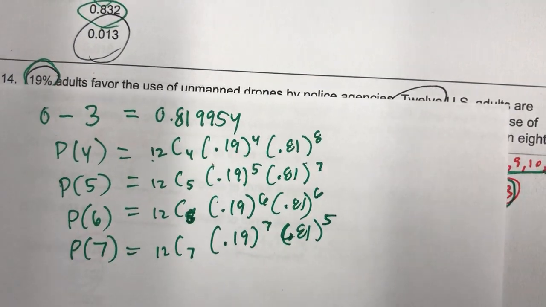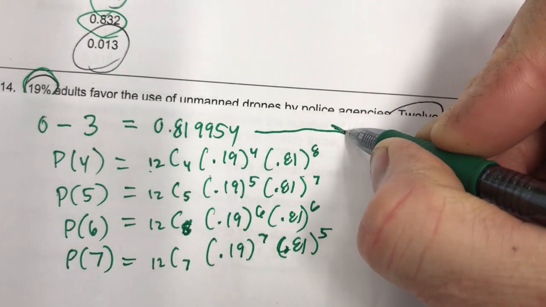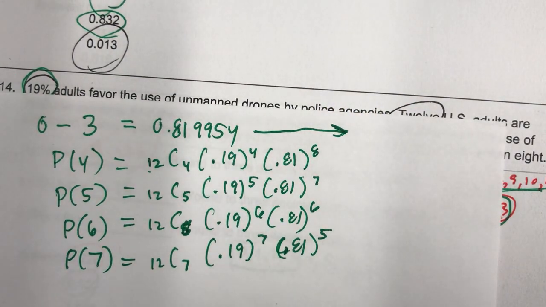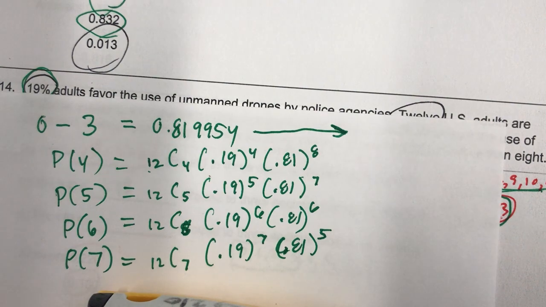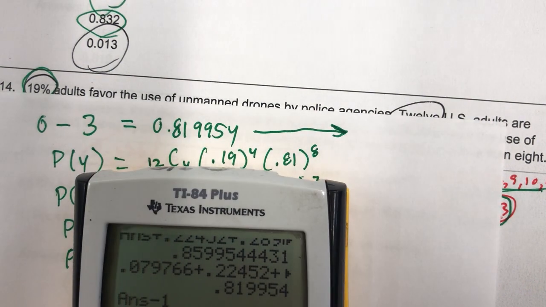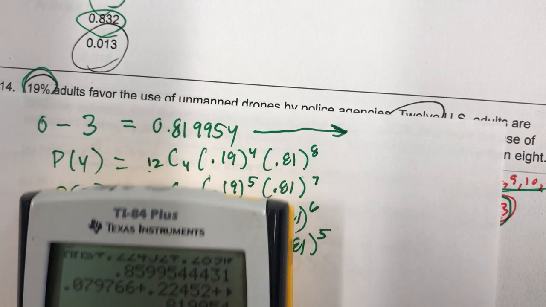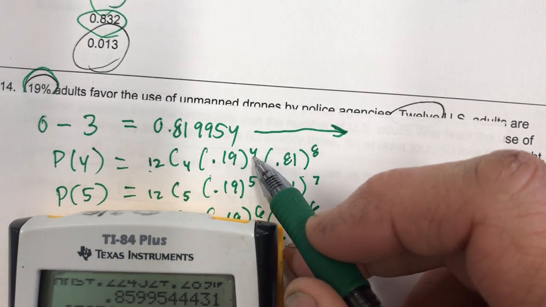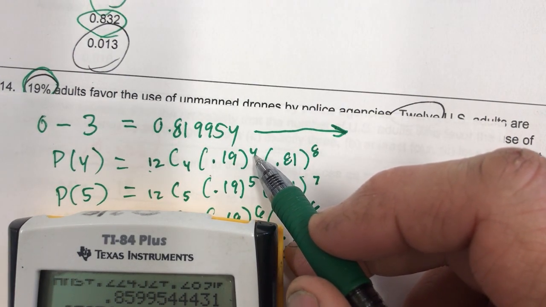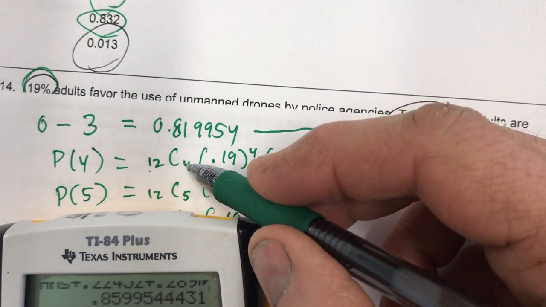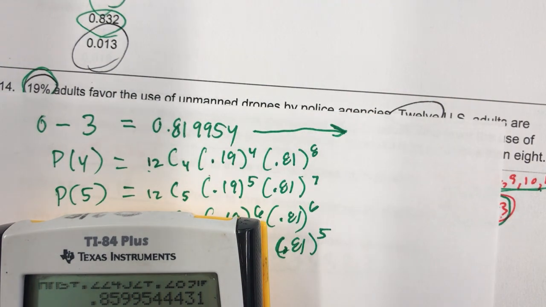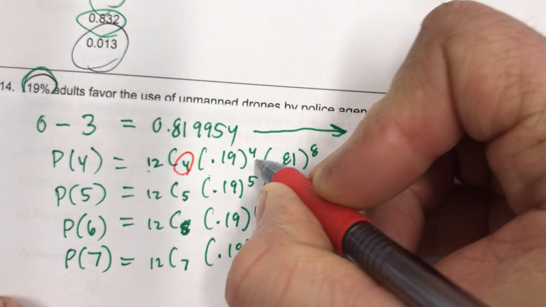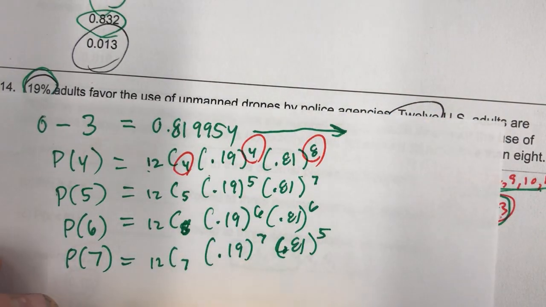All right, so I'm going to punch those in. Now, this one I've already got, and I still have this thing in my calculator here. I want this right here to be an 8, this to be a 4, and this to be a 4. Again, I'm just changing these numbers from the previous problem.